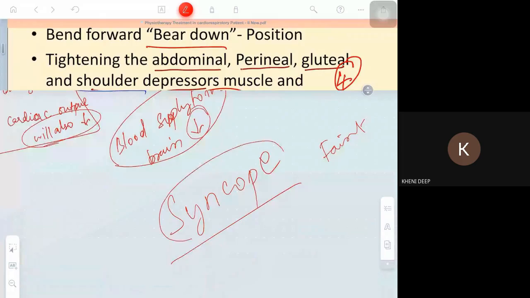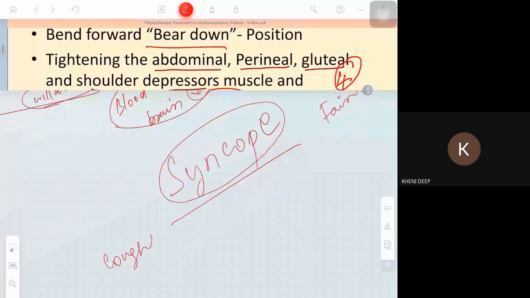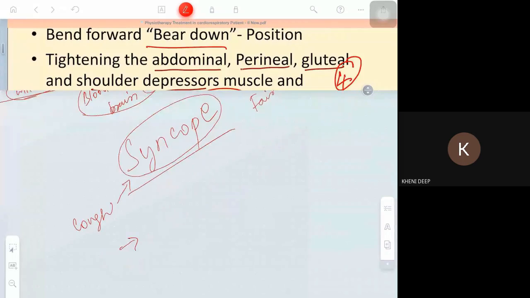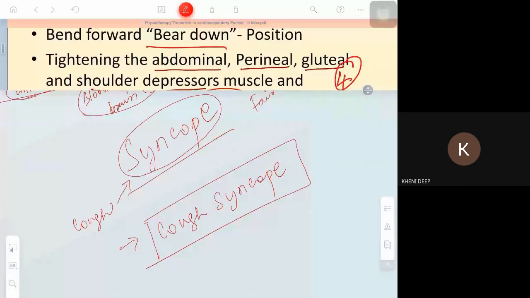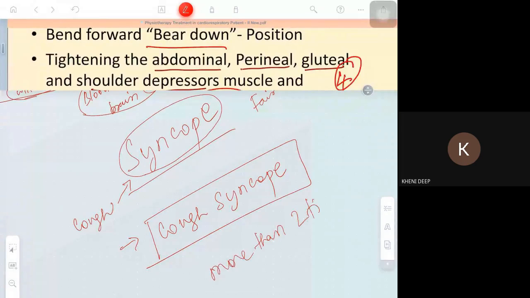But because of cough, if the patient gets syncope, then the condition is called cough syncope. What is cough syncope? If the patient is continuously coughing more than 2 times, for 1 minute, 2 minutes or 3 minutes, what will happen?